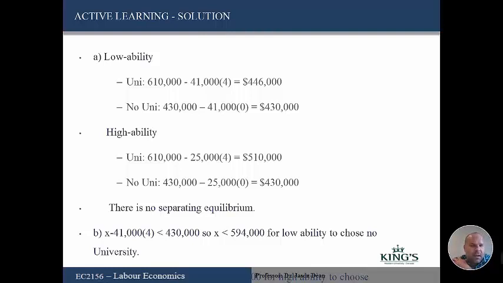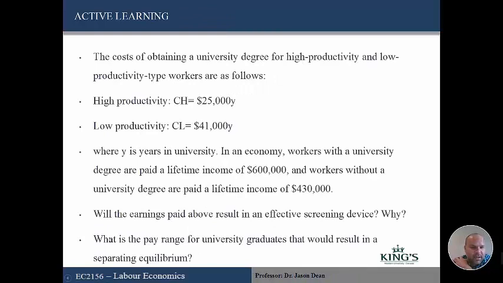In order for it to act as a proper sorting device, we can figure out what the range of incomes, or the pay, would have to be for each one. So I'm going to answer this question: what is the pay range for university graduates that would result in a separating equilibrium?